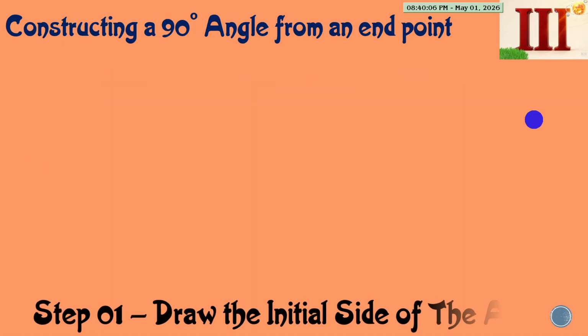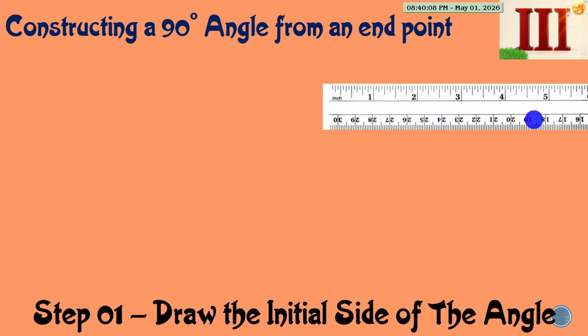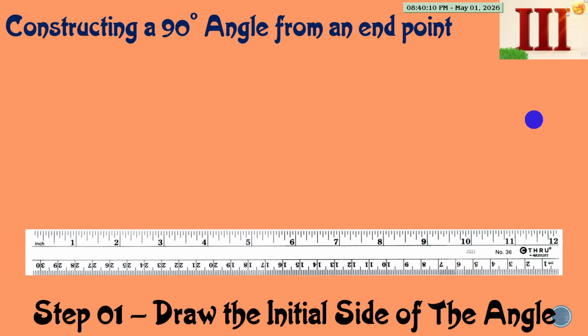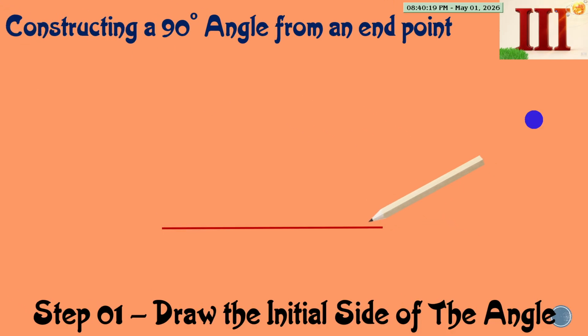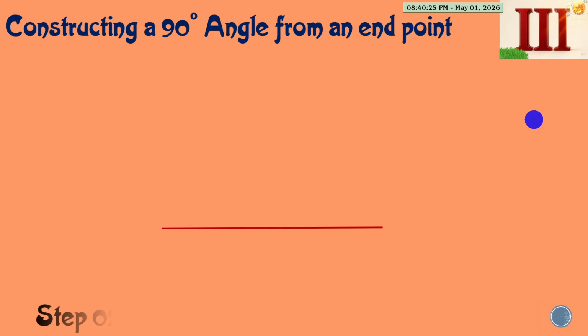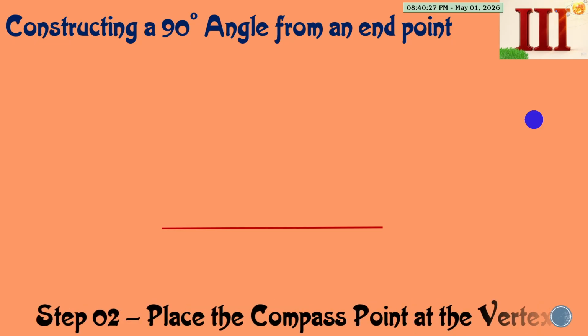So we're going to draw our side first, and we have already done the 120-degree construction in the previous video, so we're going to go over it. What we are going to do is identify the endpoint we're going to use, and we'll put our compass point at that endpoint, which, as far as we're concerned, is our vertex.